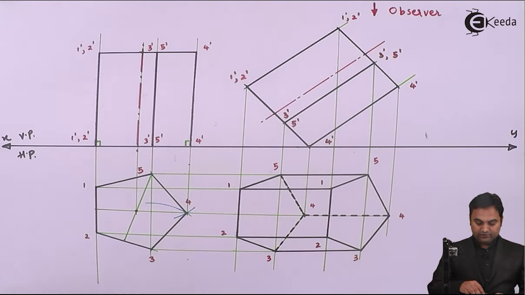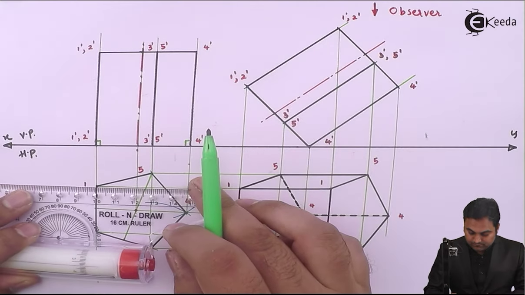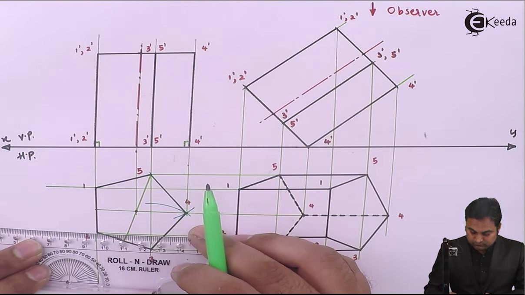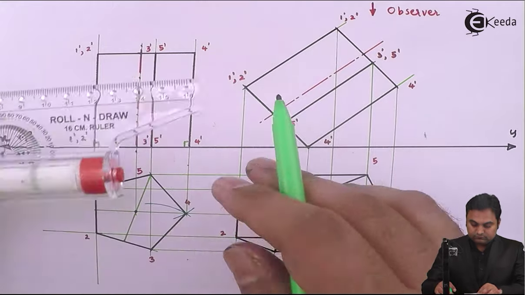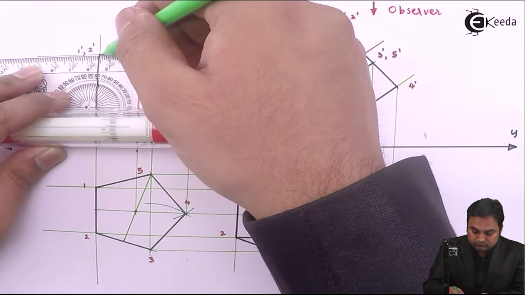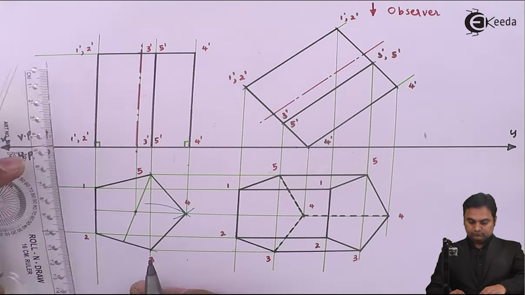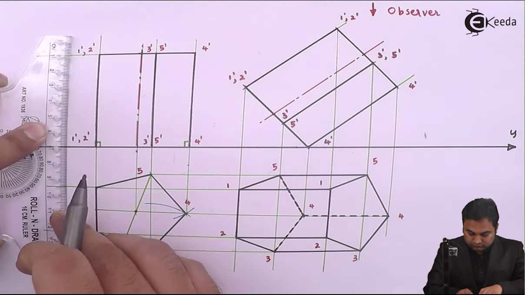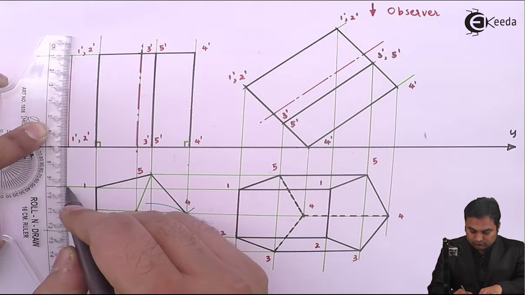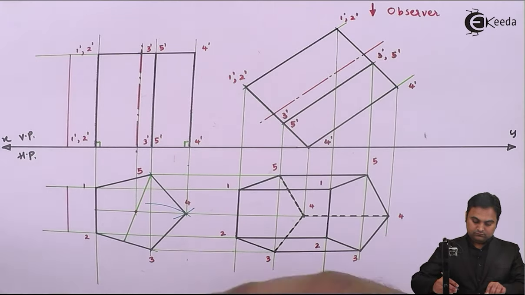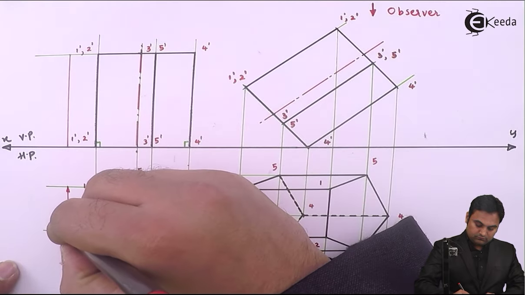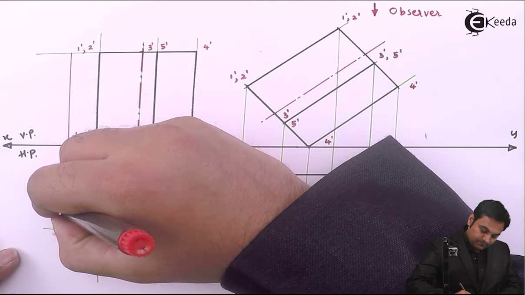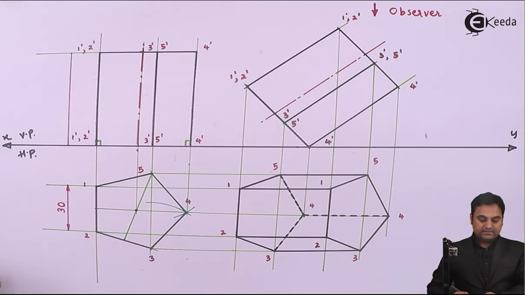Next, I'll mark the dimensions for it. It is 30 mm side and the axis height is 60.